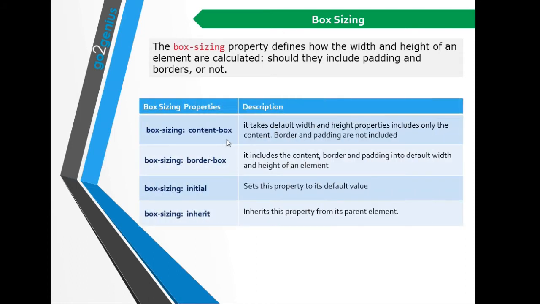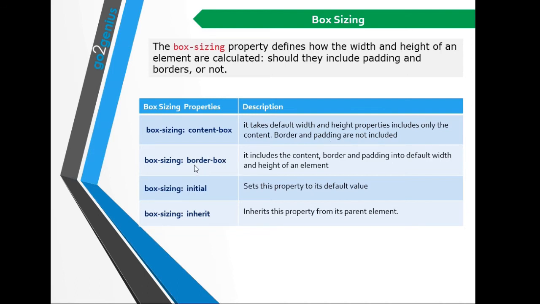Here we have 4 values for the box sizing property: content box, border box, initial and inherit. For the content box, it takes the default width and height properties and includes only the content. Borders and padding are not included in the width and height.